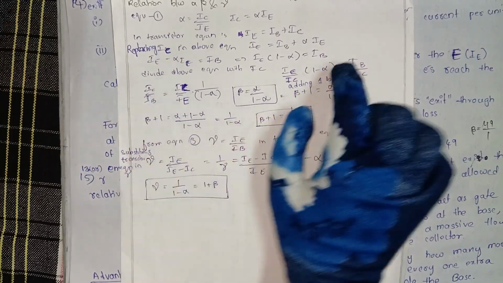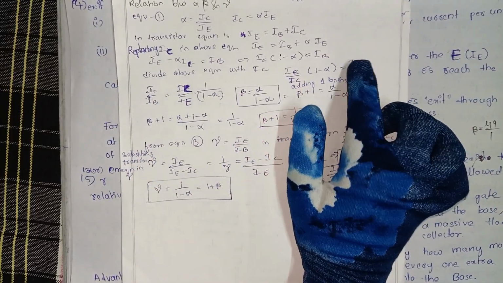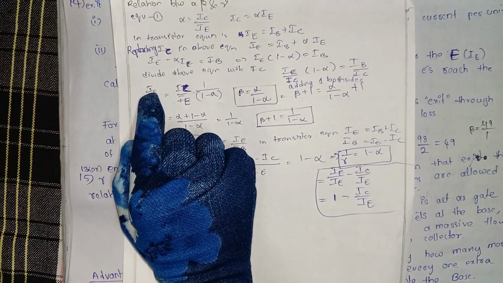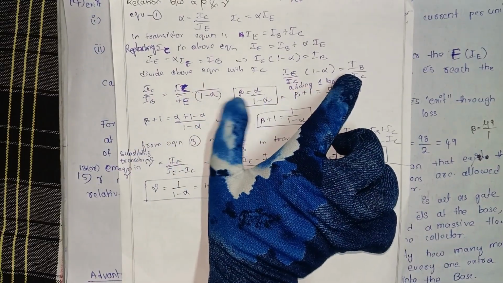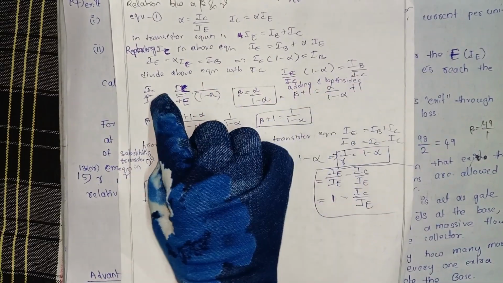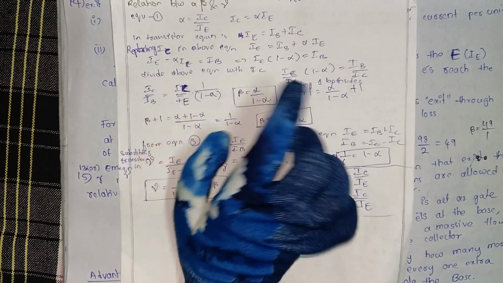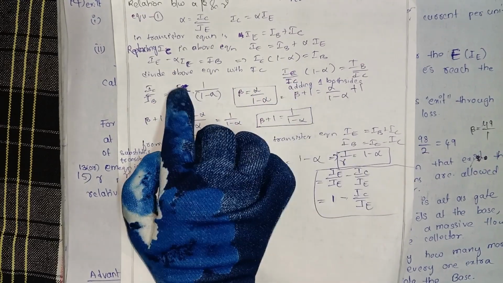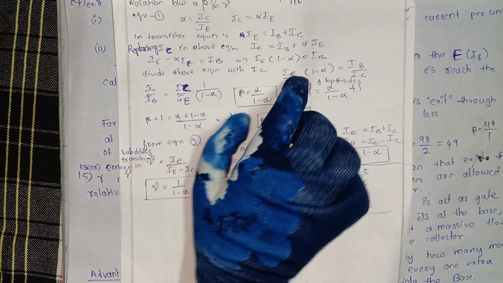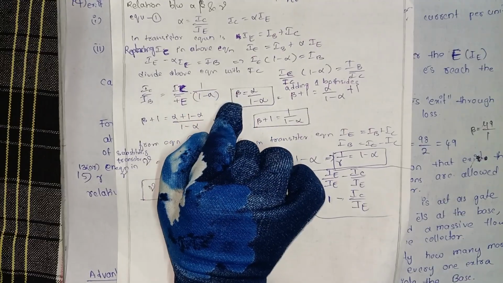Then we are reversing the whole terms. IB by IC becomes IC by IB, IE by IC becomes IC by IE, and 1 minus alpha becomes 1 by 1 minus alpha.